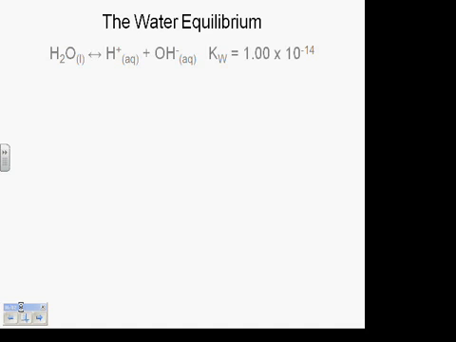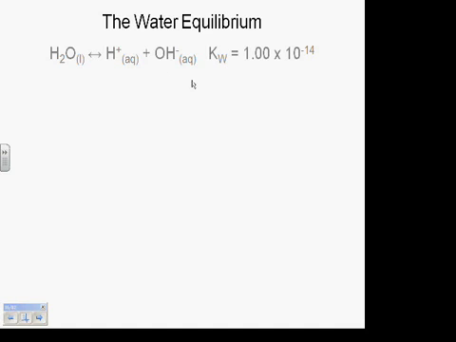The key idea here is that a base or an acid is something that pushes water's equilibrium one way or another. What do I mean by water's equilibrium? In a beaker of pure water, a very small amount of that water is going to change into hydrogen ions and hydroxide ions.